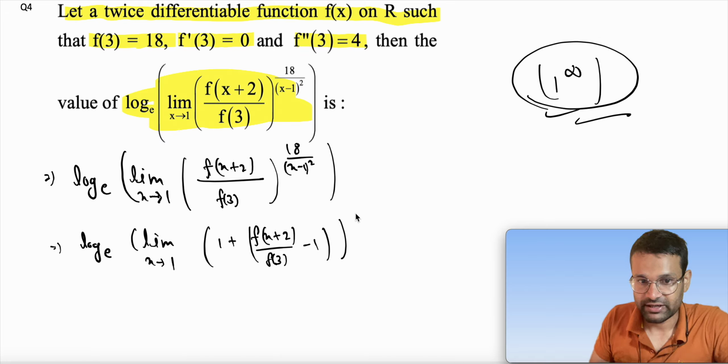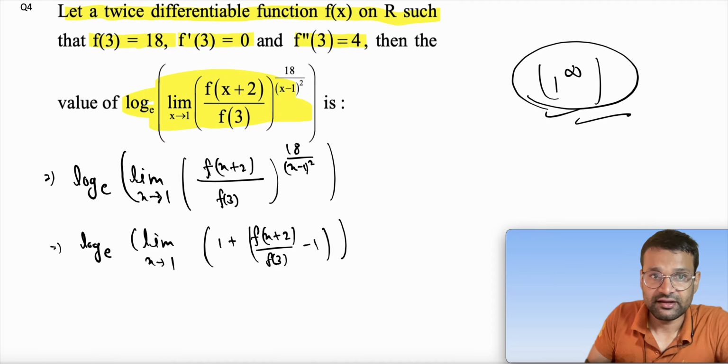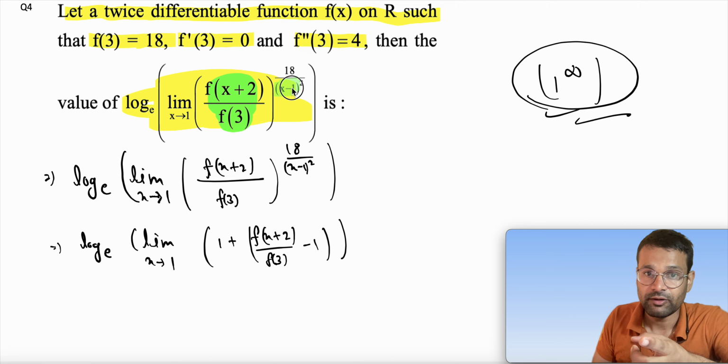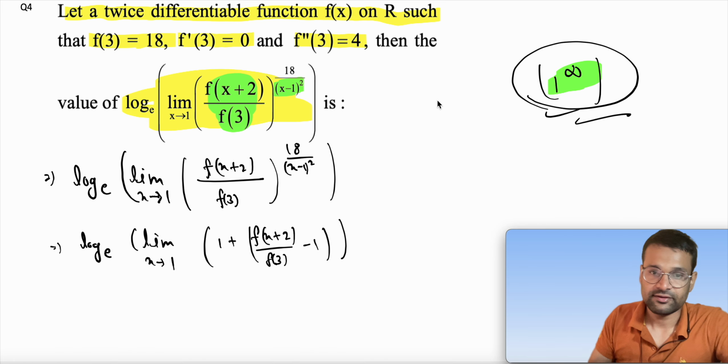Here you can see this part is 1. When we put x equal to 1, f(3) by f(3) is 1. And when we put the value 1 here, it becomes 0. So it is a 1 to the power infinity type situation.